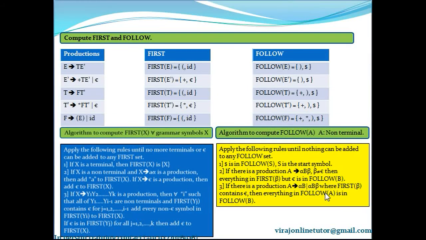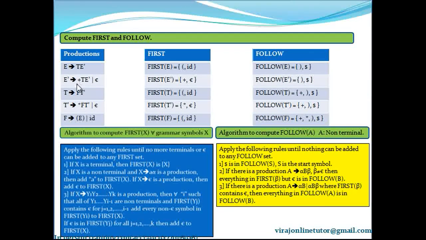The last rule is of two types. So let's apply one at a time. Any production which is ending with a non-terminal, place follow of left hand side into follow of B. So this is ending with a non-terminal. Place follow of E into follow of E dash.